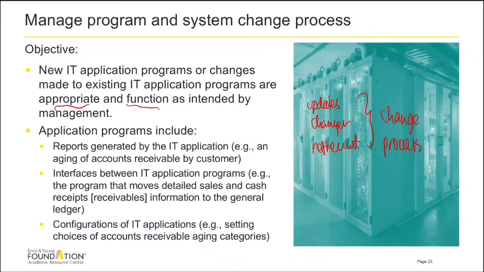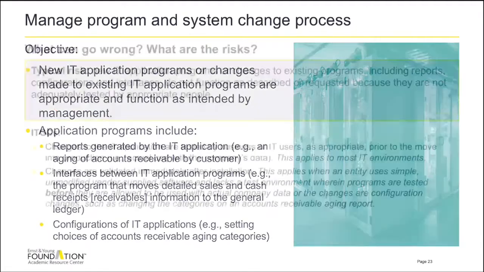So application programs include reports generated by IT application, for example, an aging of accounts receivable by customer, interfaces between IT application, for example, the program that moves detailed sales and cash receipts information to the general ledger, and configurations of IT applications, for example, setting choices of accounts receivable aging categories.